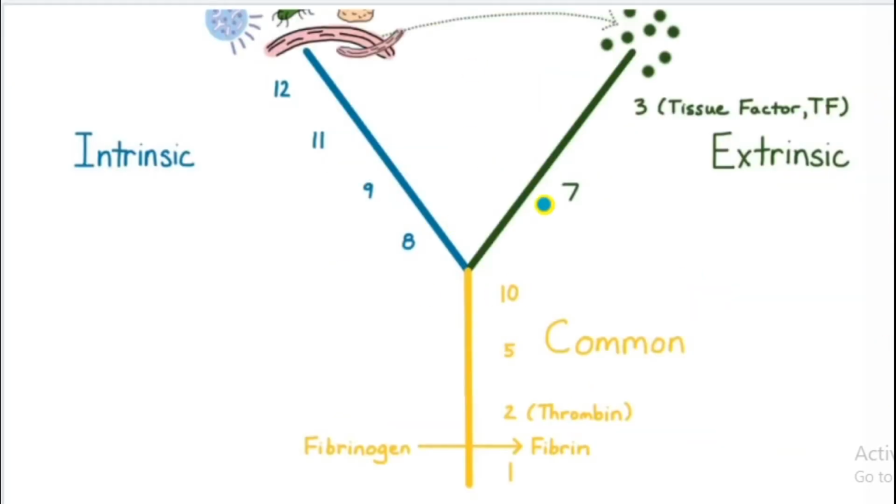So we are going to the next section, the coagulation cascade. In the blood system, we have endothelium.